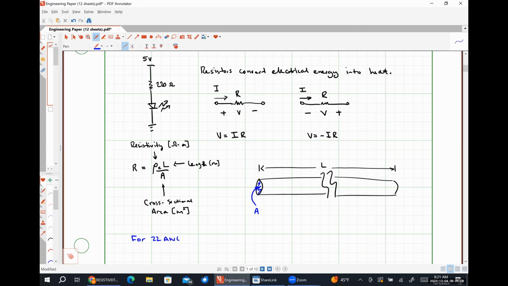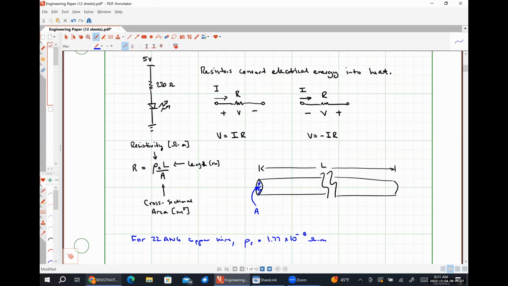22 AWG copper wire, rho equals 1.77 times 10 to the minus 8, not minus 18, ohm meters.